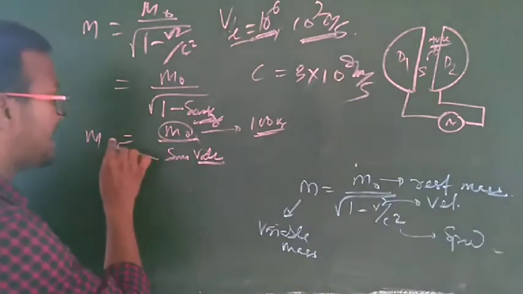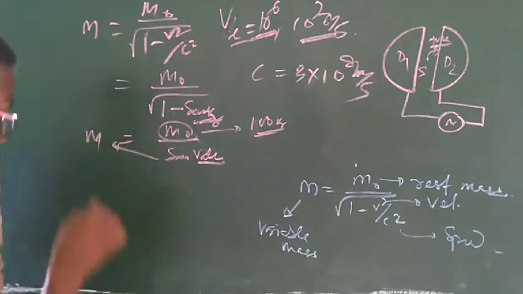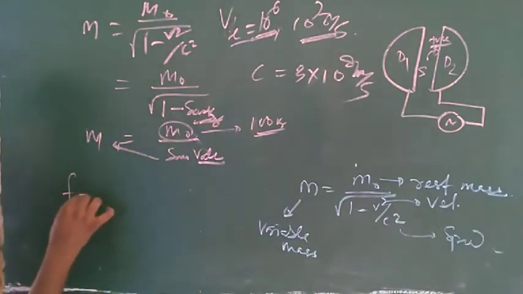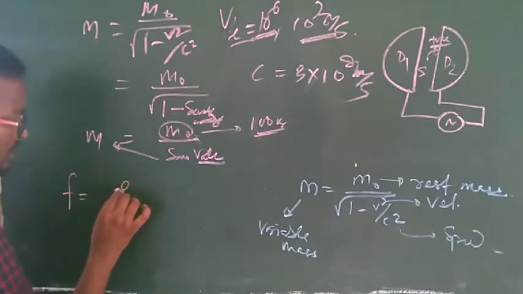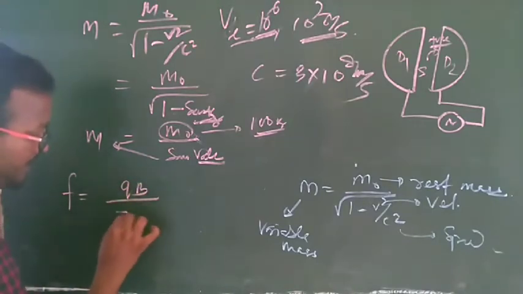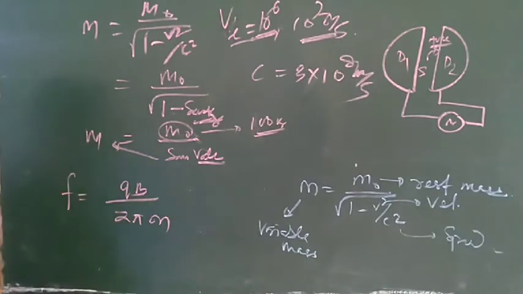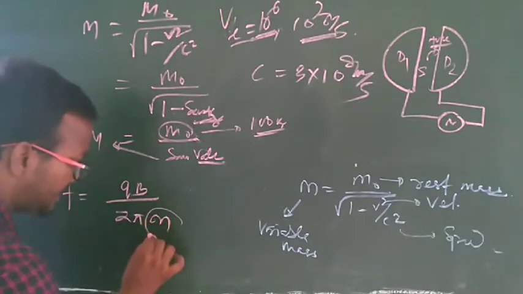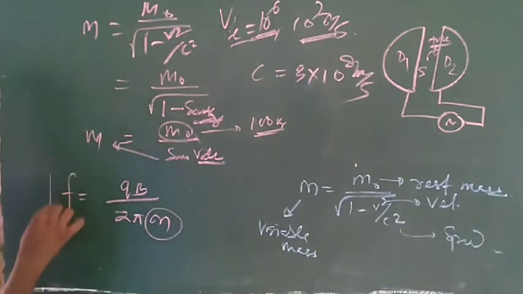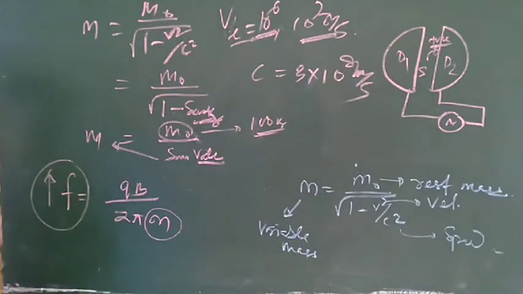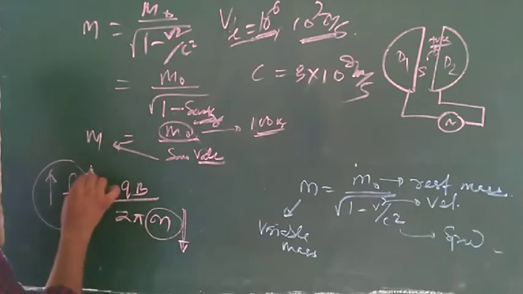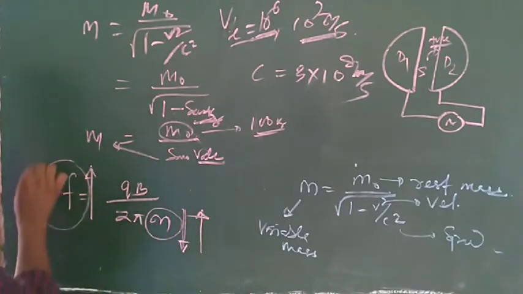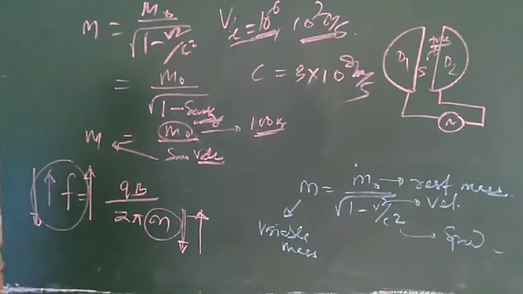So if the mass of the particle changes in the cyclotron, the frequency equals QB divided by 2 pi m. If the mass of the charged particle changes, then the frequency of the charged particle also changes. If mass decreases, then frequency increases. If mass increases, then frequency decreases.